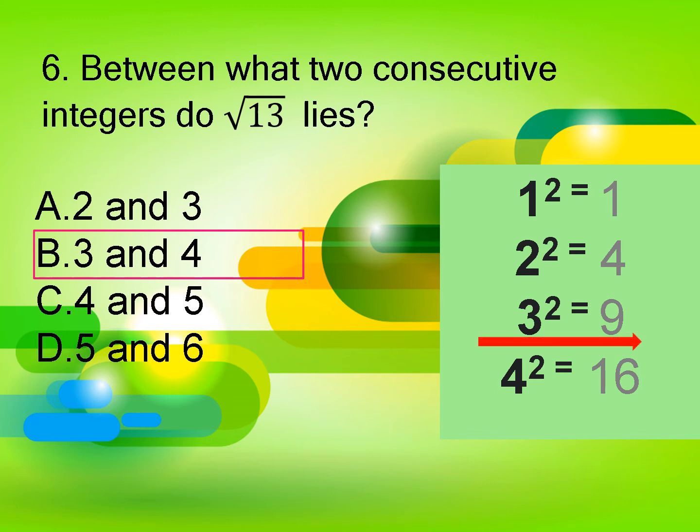So we have here numbers between 9 and 16: 10, 11, 12, 13, 14, and 15. So it's in between 9 and 16, and square root of 9 is equal to 3, and square root of 16 is equal to 4. Therefore, it lies between 3 and 4.